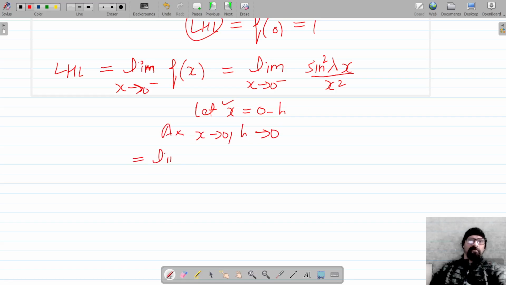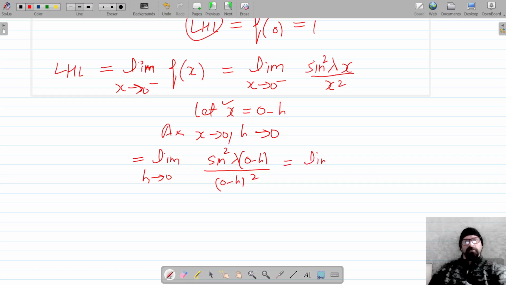Our limit is now in terms of h tends to 0, and instead of x we put sine square lambda into 0 minus h, upon 0 minus h the whole square. So this becomes limit h tends to 0, negative sine square lambda into h.